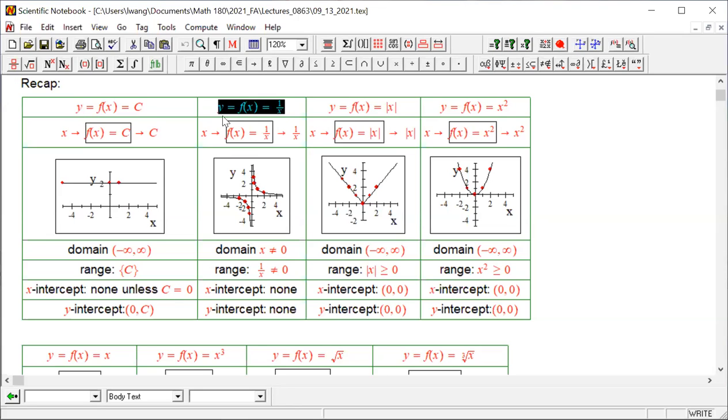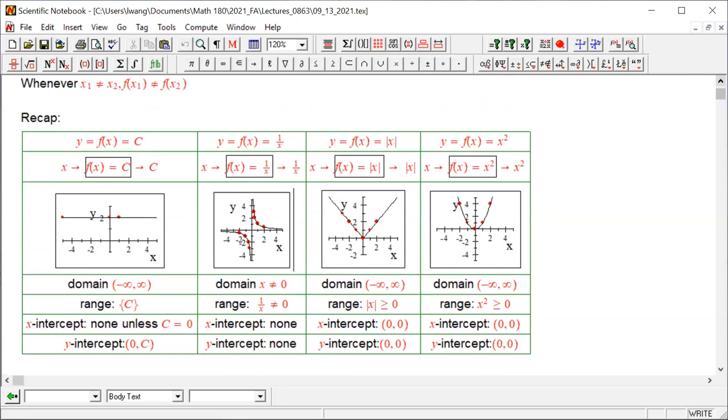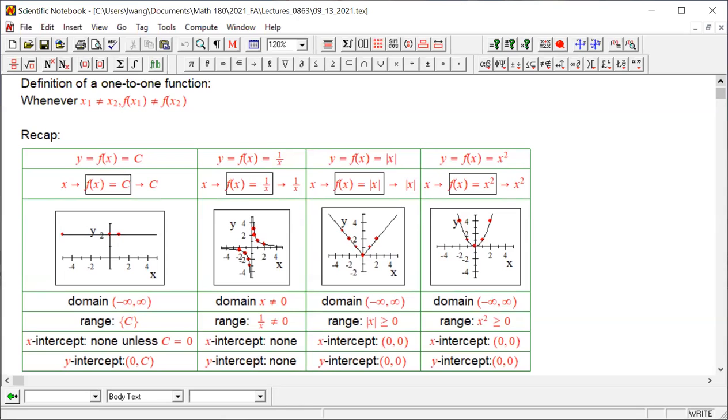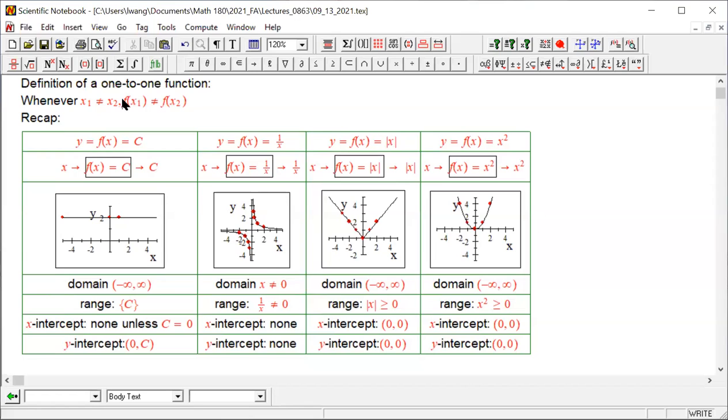How about this one? Apply the definition. This is a recap. We've done it before. In calculus class, you just apply those definitions over and over again, this way and that.